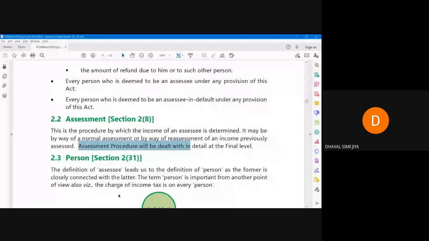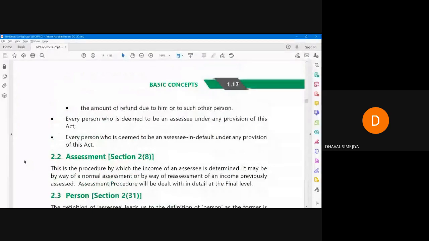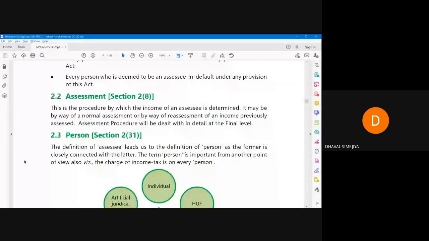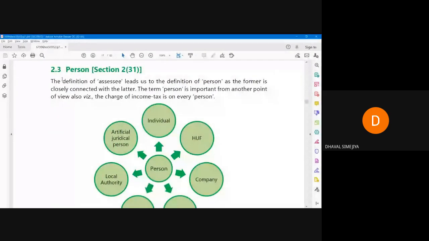Now, definition of person. Sir, you have already said the definition of SSE. Now definition of person, are both different? Yes, both are different. The definition of SSE leads us to the definition of person. What does that mean? It means the term SSE is broader than the term person.